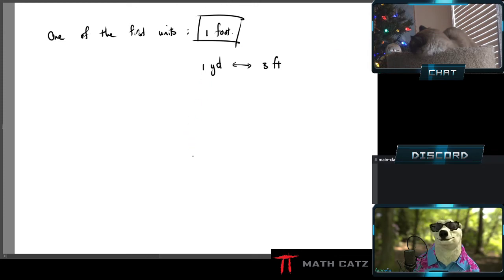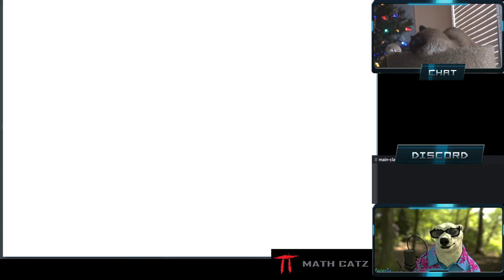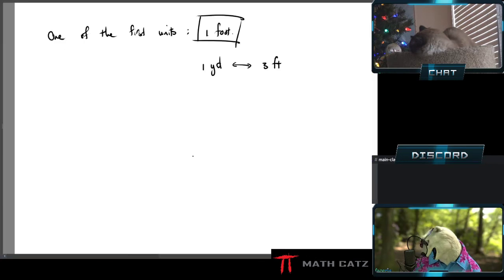And then when I travel even longer distances, it could be many, many, many yards, and that's not quite as efficient to use. So they introduced the unit of a mile.